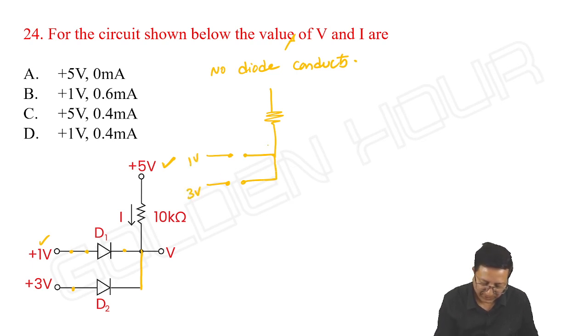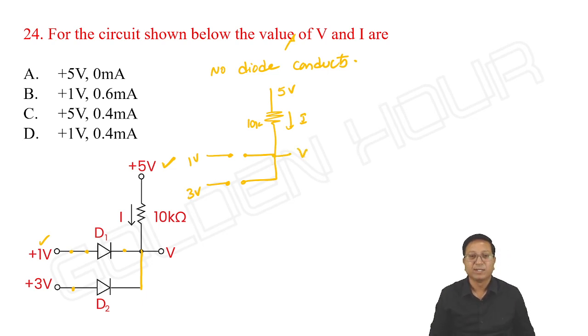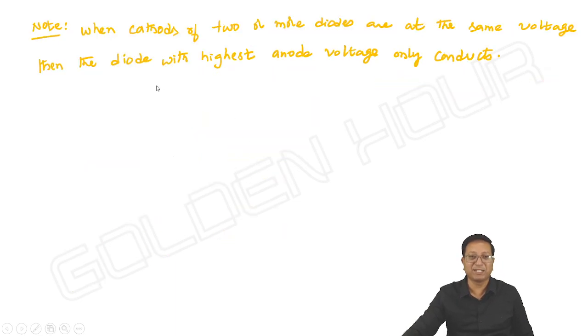One volt, 3 volts, 10K, 5 volts. I is the current flowing and V is the voltage. Is there any current possible in this circuit? I am doing this problem because I made a statement: when cathodes of 2 or more diodes are at the same voltage, then the diode with the highest anode voltage only conducts.